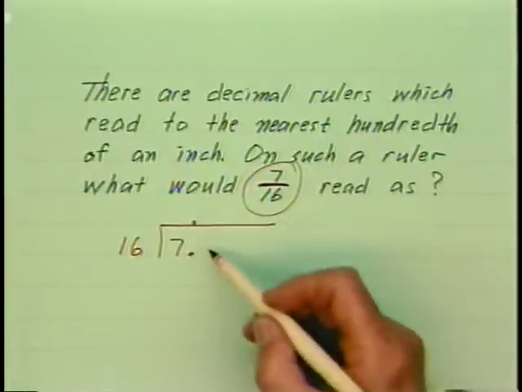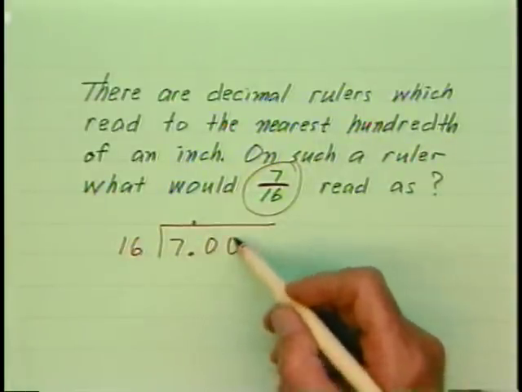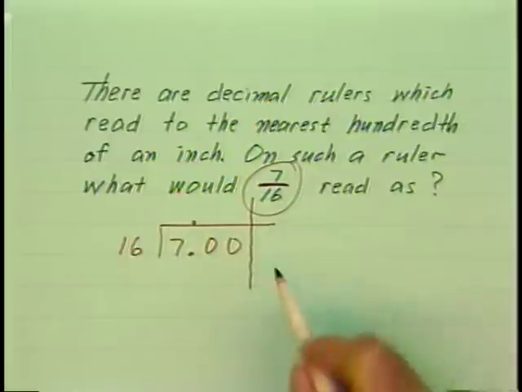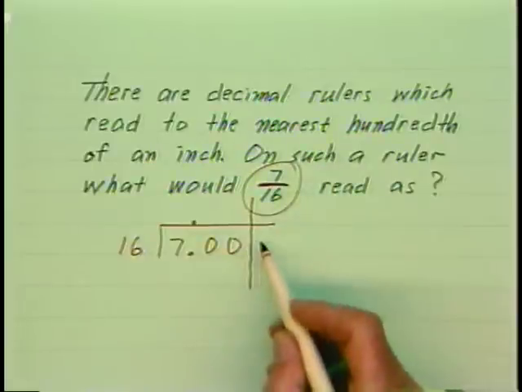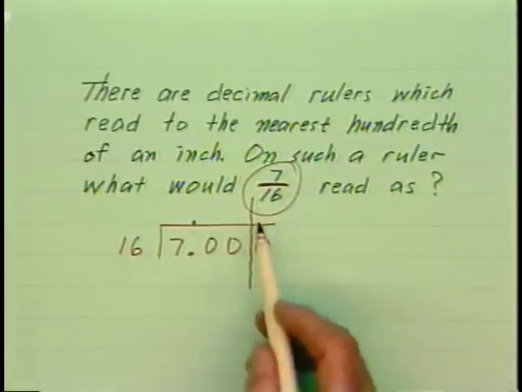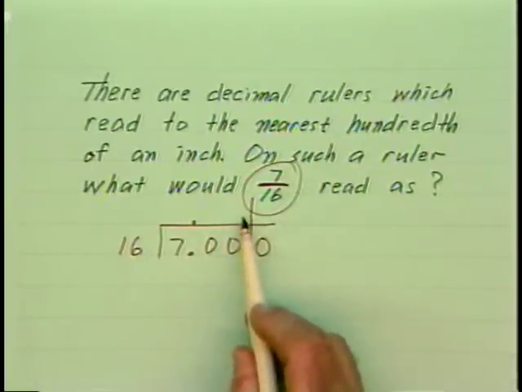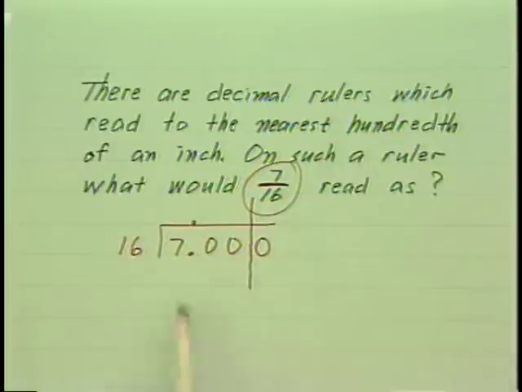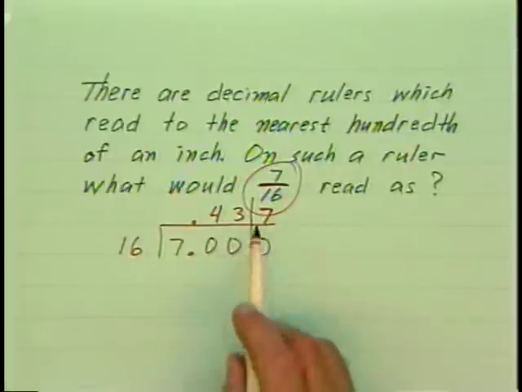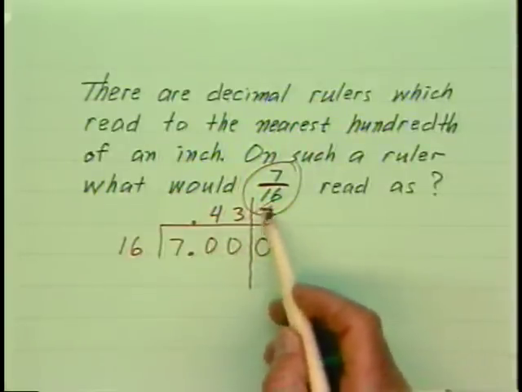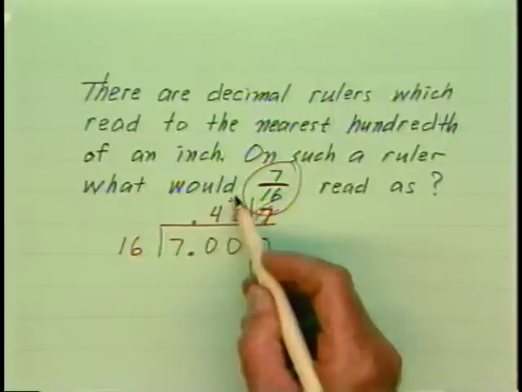And what the problem is stating is that the ruler can't read anything beyond 100, so whatever is beyond here really is irrelevant to the ruler. But we do need one more digit here to find out whether the ruler will read to the next highest or the one down below. So performing this division either by hand or by calculator, you would get 0.437 and so on. But again, we only need one more digit to tell this is more than 5, therefore we round this up.